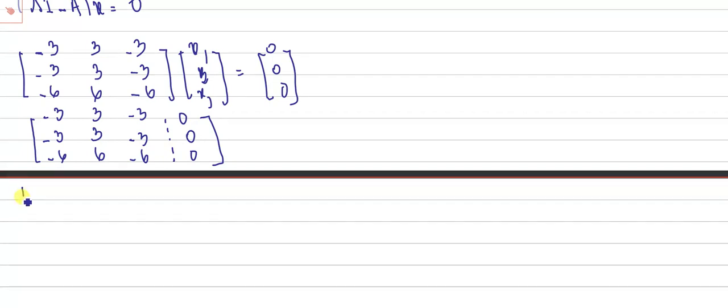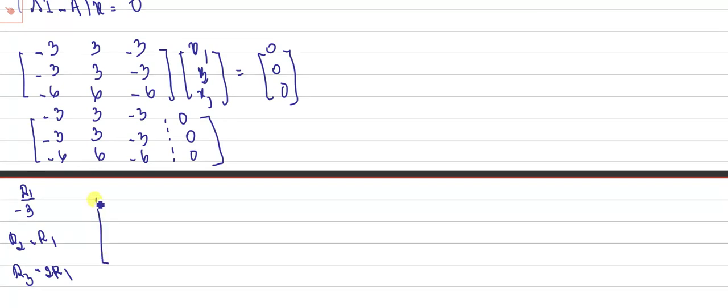So I write row 1 over minus 3, row 2 minus row 1, row 3 minus 2 row 1.